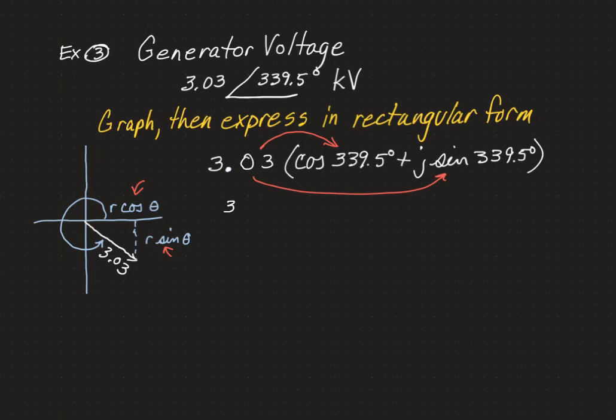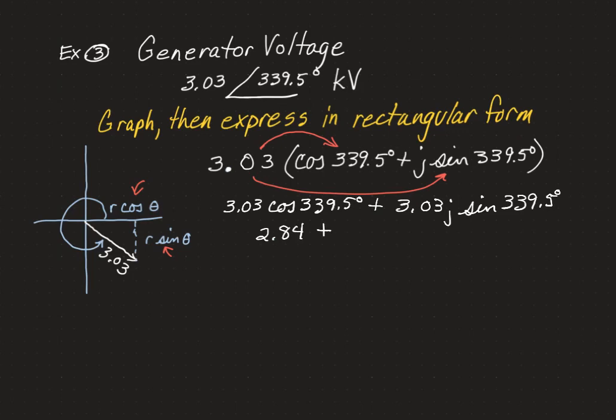So this is equal to 3.03 times the cosine of 339.5 degrees plus 3.03j times the sine of 339.5 degrees. And when we evaluate those expressions, we get 2.84 plus, actually, it's going to be a minus because it's minus 1.06j.